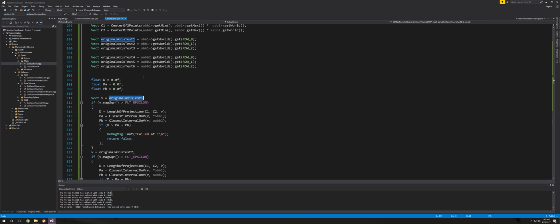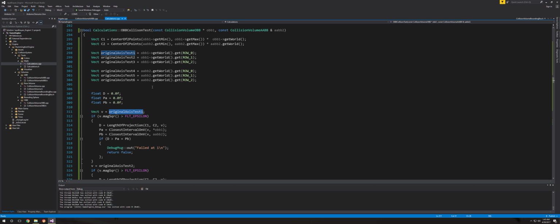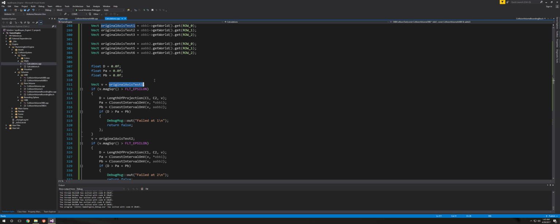Right now they're all currently in this function, but I plan to scroll them away and have a few helper functions for this. The very first thing we do is check that the magnitude of v is greater than 0, or the smallest possible number. We get d, the distance between the 2 points projected onto the axis we are currently testing.